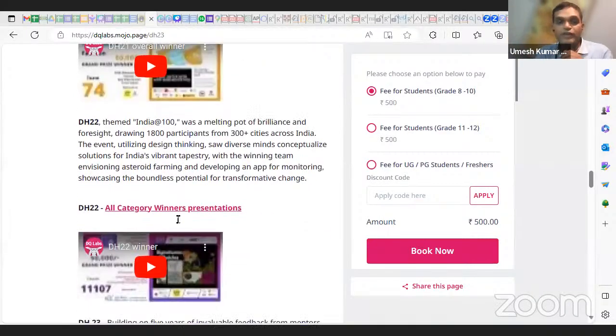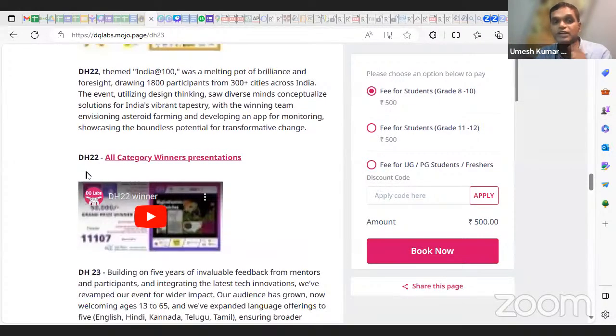Whereas Design Hackathon 2022 is a problem of the future. Because the theme was India at 100, there are 25 years ahead. So they were addressing a problem in the future, and the solution was also something that can be enabled in the future, but they are proposing a solution now.